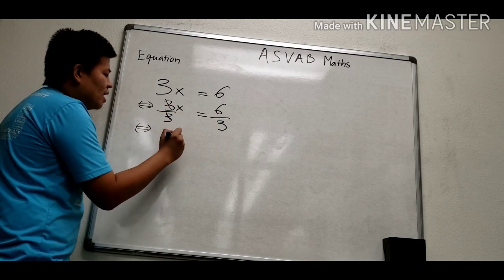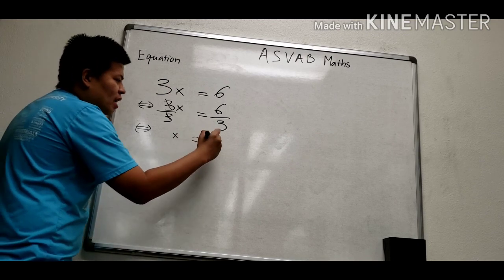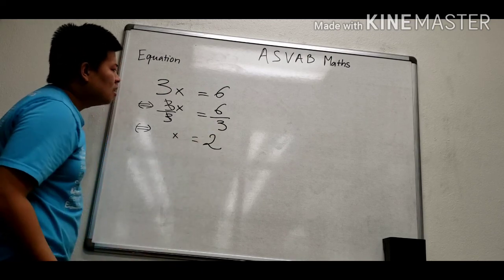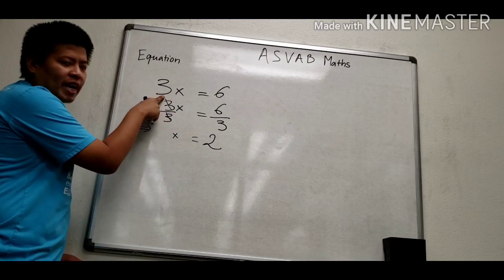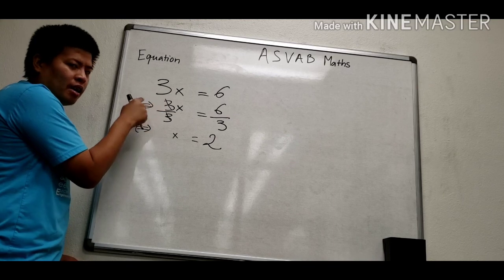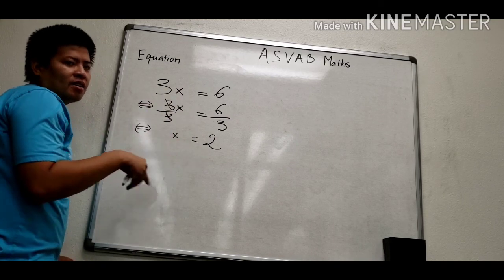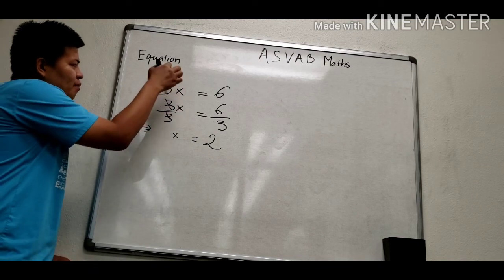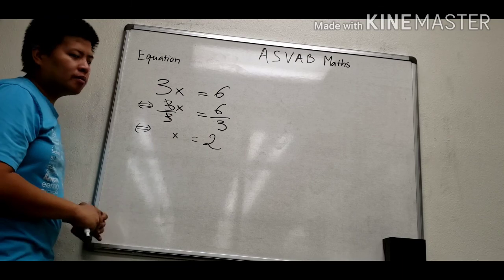So that we got s equal to 6 divided by 3, which is 2. So if they have the multiplication, you need to divide. If they have the division on s, you need to multiply, so that you can eliminate the number with the s, and we can get the solution.